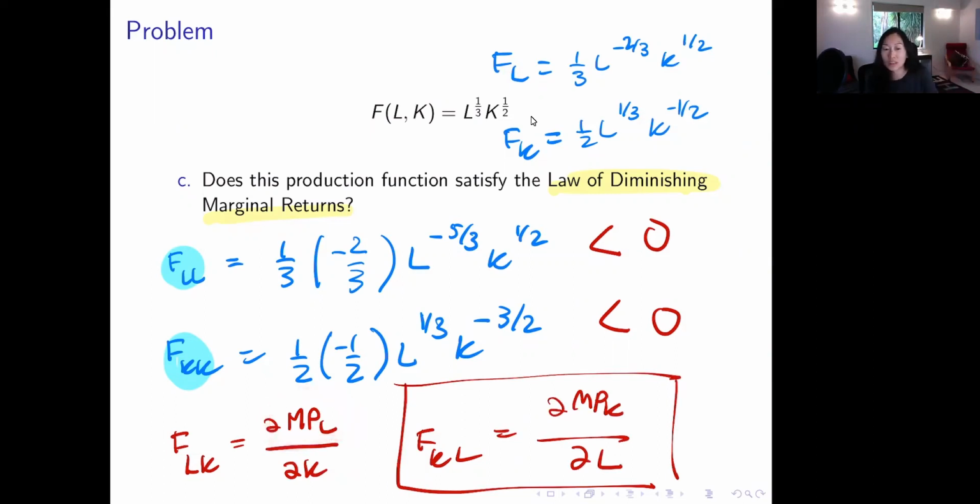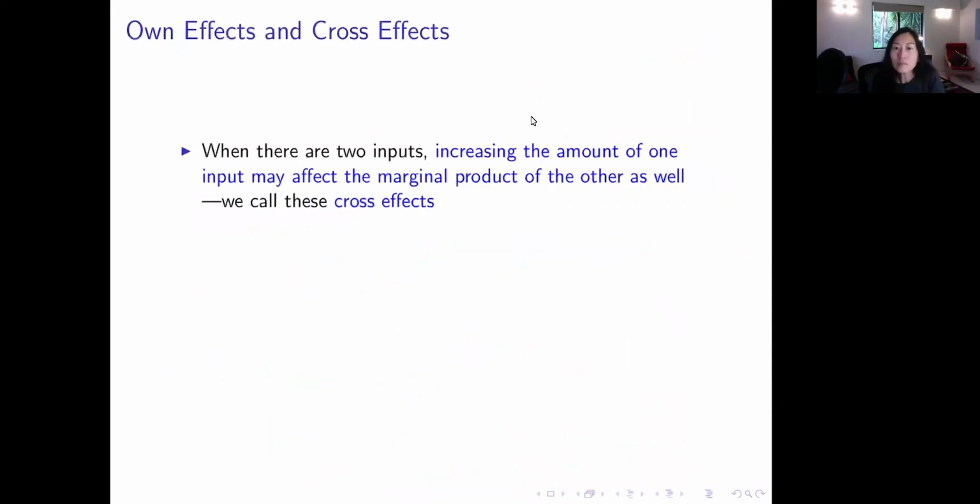So it's called cross effect, because a change in K input affects how the marginal product of the other input, labor, changes. FKL: when L changes, how much it affects the change in marginal product of capital. That is called cross effects, FLK and FKL, and own effects, FLL and FKK.